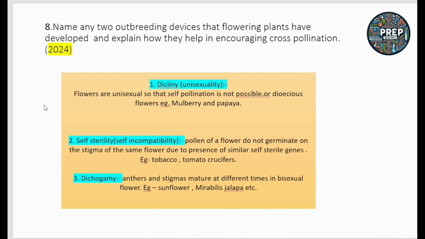Next question is, name any 2 outbreeding devices. This is a recent-year question from the previous year, that is 2024.